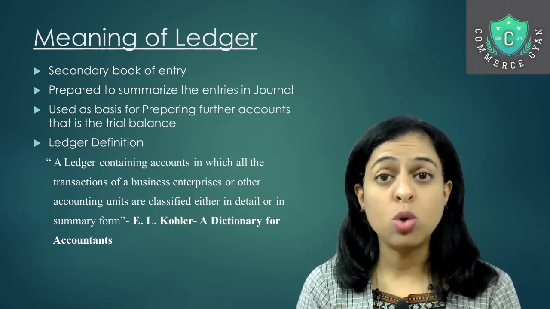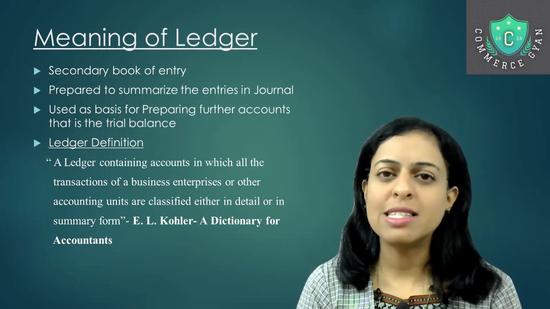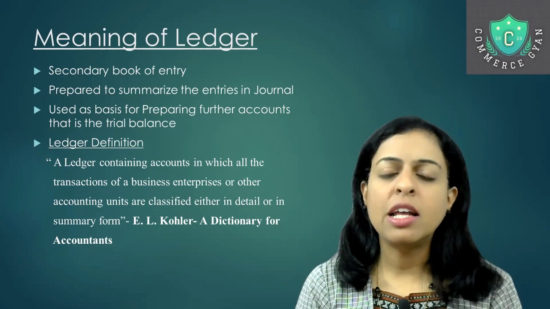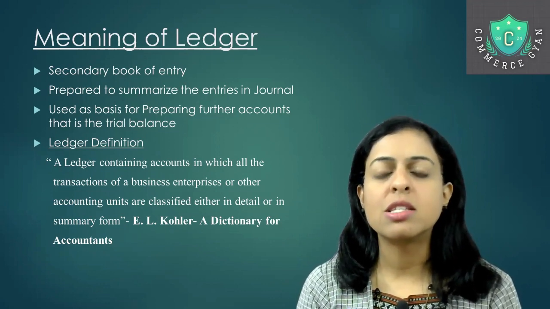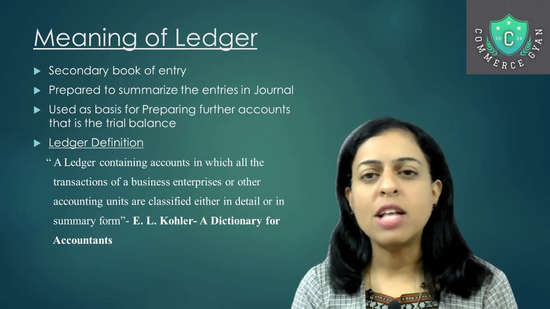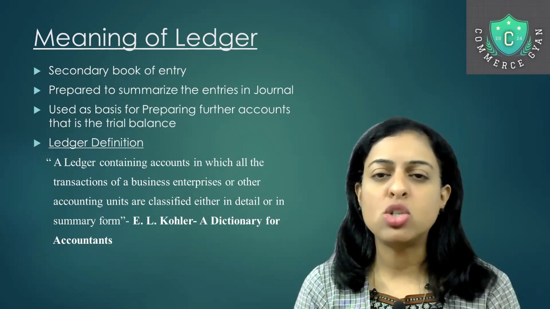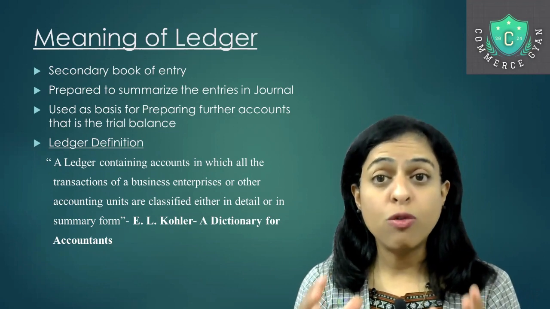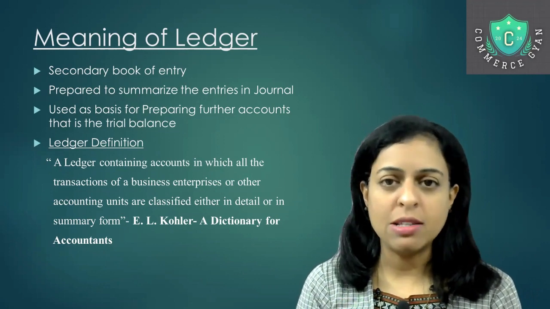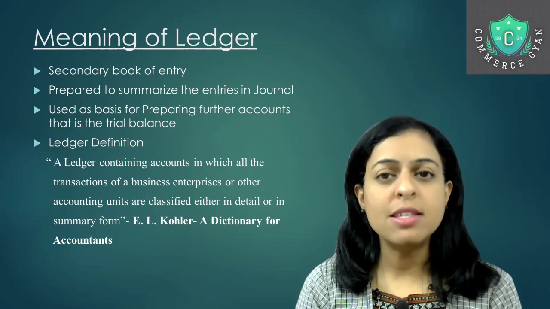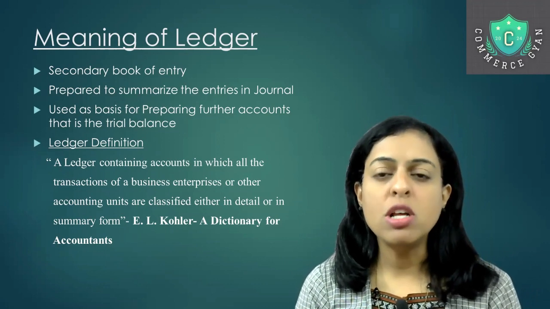So it is doing the work of classification and summarizing. Then another important thing that the ledger is actually doing is basically helping the transition from the journal to the preparation of final accounts. So while preparing the final accounts, an important thing that you need is a trial balance. And this trial balance is given with the help of a ledger.